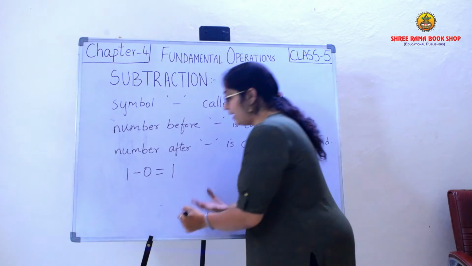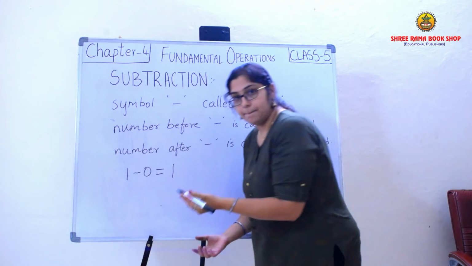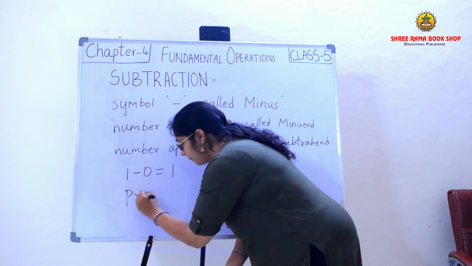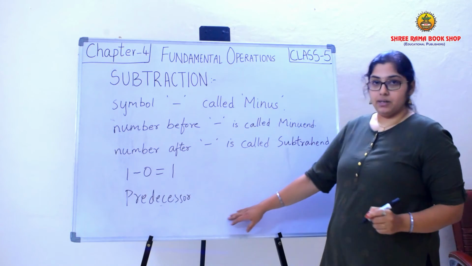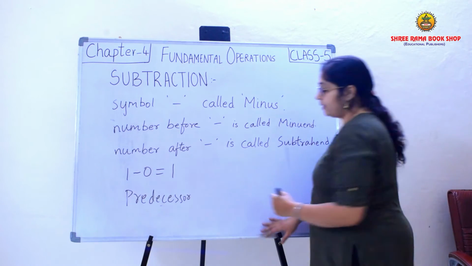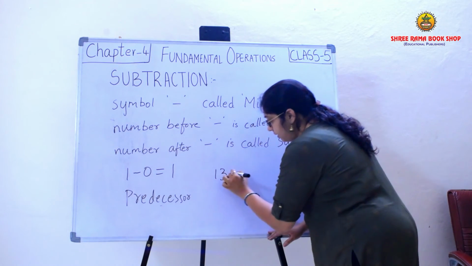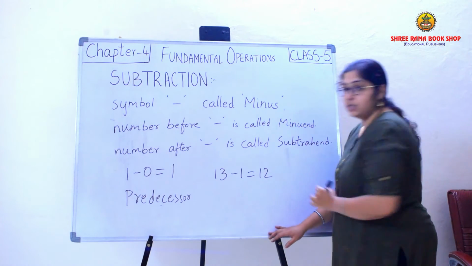And when you subtract 1 from any number, it is called what? Predecessor. When you subtract 1 from any number, then the result is the predecessor. For example, 13 minus 1, we get 12, right?